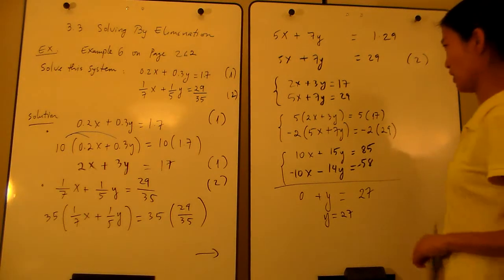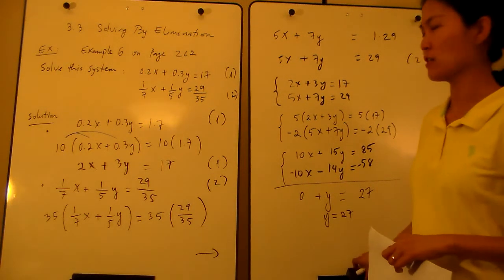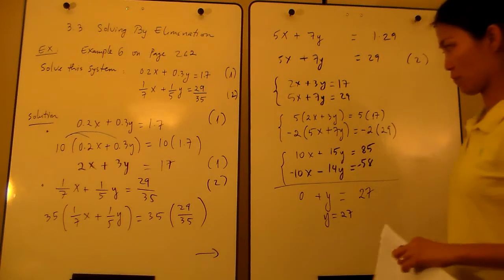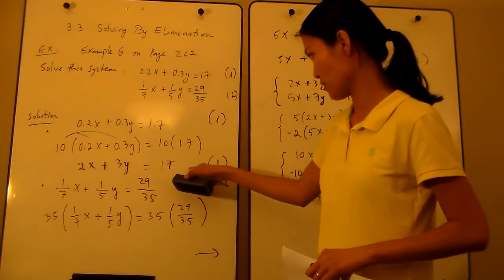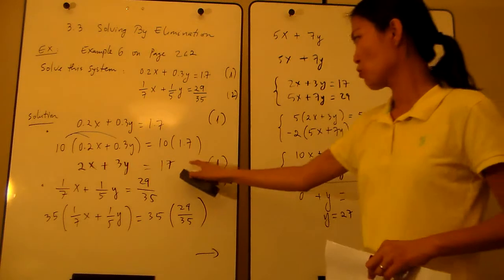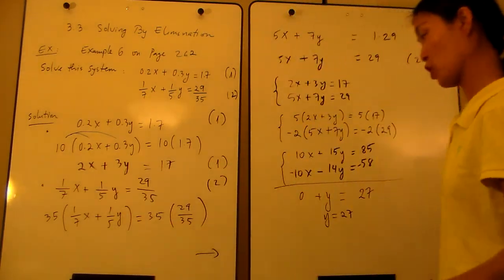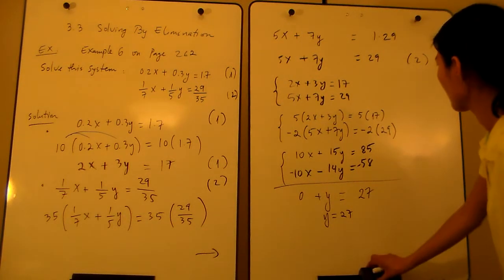It's way cleaner and simpler than the original. So I'm going to use either this or this. I'm going to use this one because it has smaller coefficients and constant.